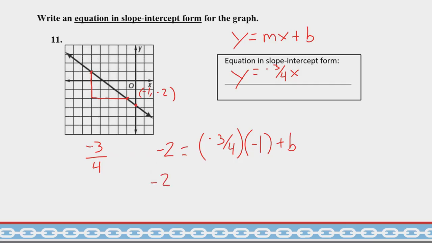So I get -2 equals +3/4 plus b. Subtract away the 3/4. It would get negative 2 3/4. Right? Negative 2.75.